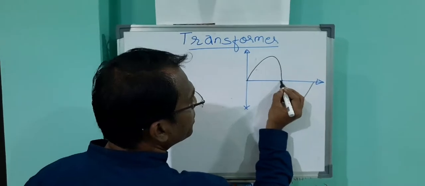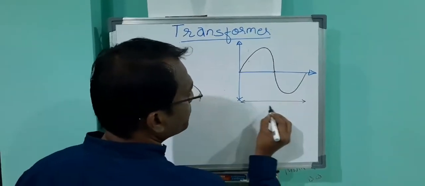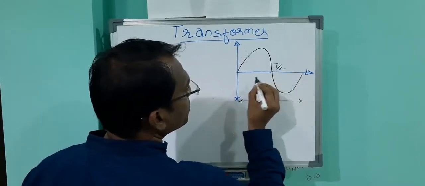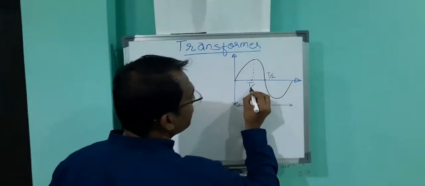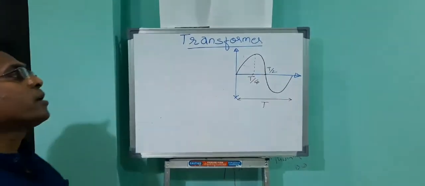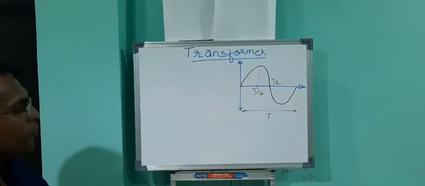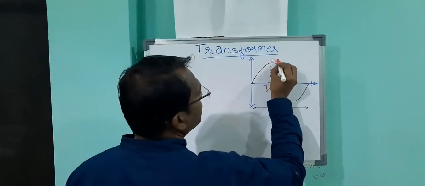This is the time period T. This will be T by 2, and the maximum flux will be at point T by 4. That is nothing but a waveform where flux is flowing, and this is phi m.